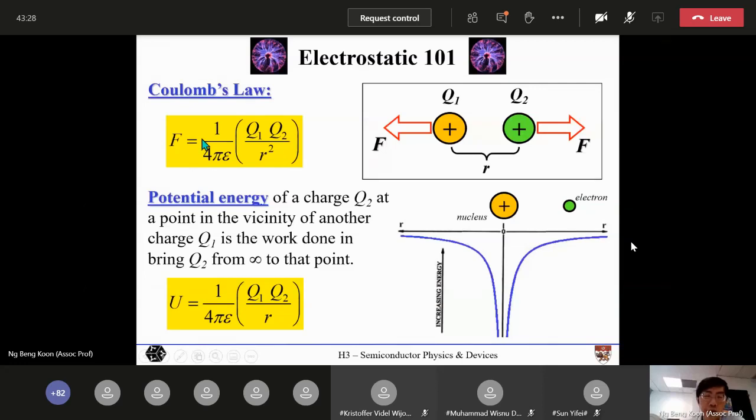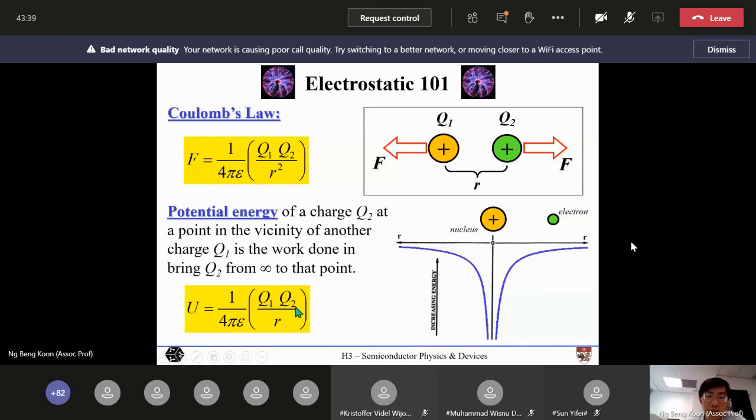And if you have a force quantity, you should work out the potential energy. This is essentially proportional to the product of their charges, Q1 Q2, and inversely proportional to the separation between them. So it's a 1/R relation.